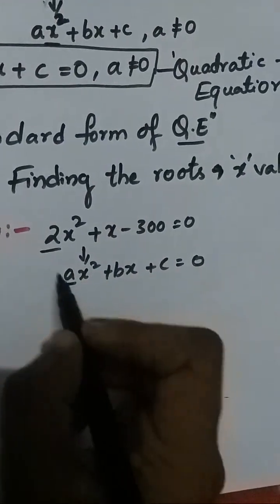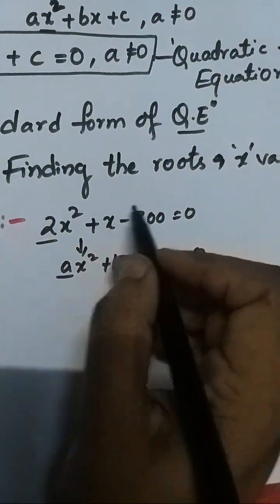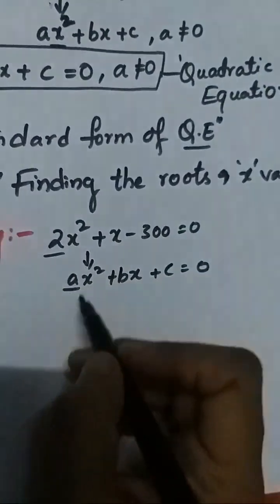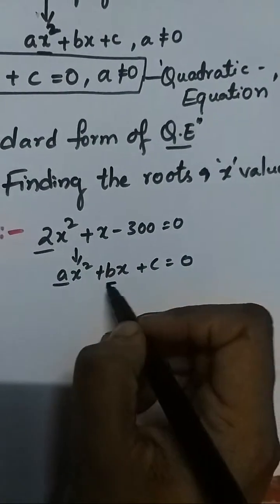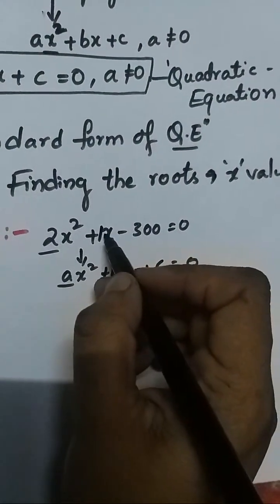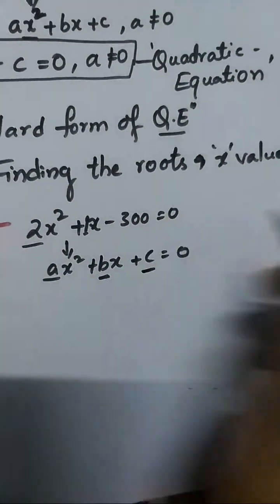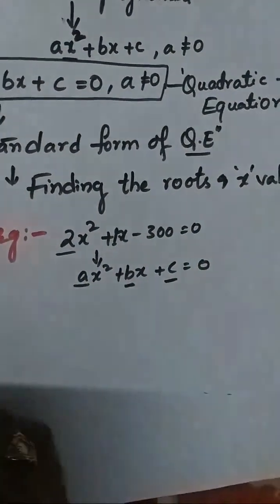That is, a equal to 2 here, x square is in decreasing order, then x power 1, and here the constant. The b value is 1. Now what is the c value here? 300.